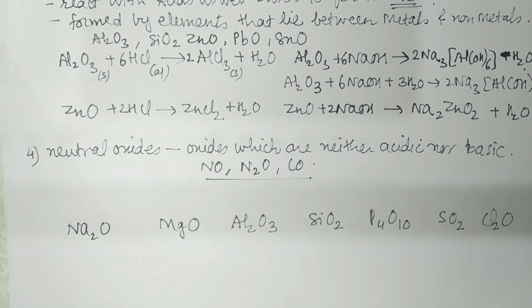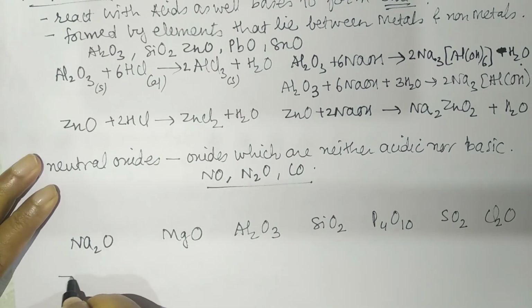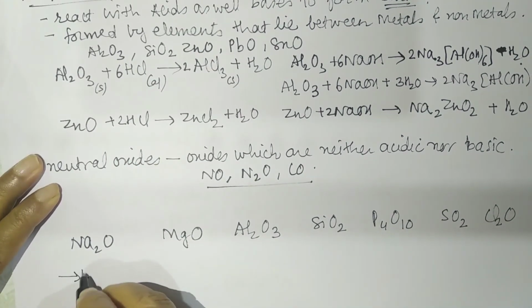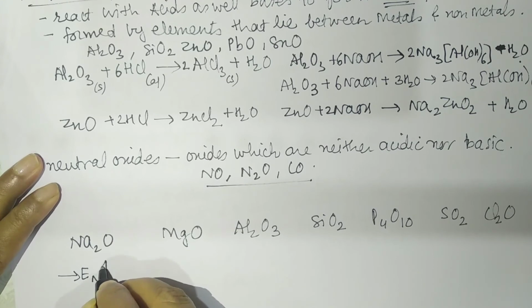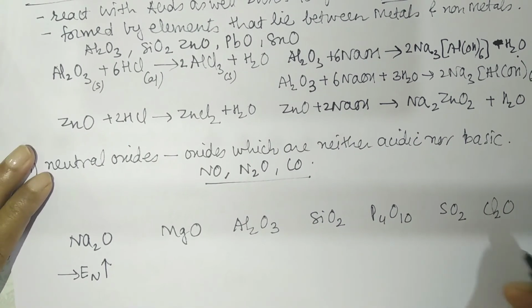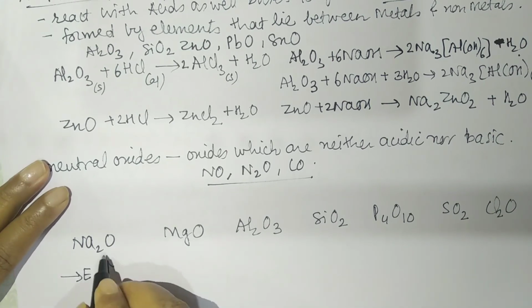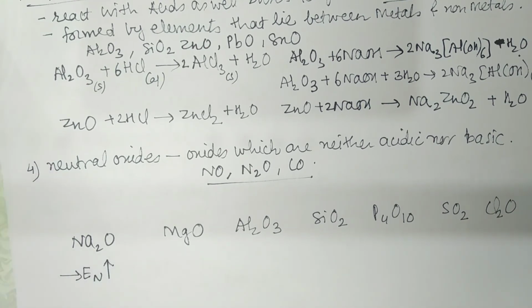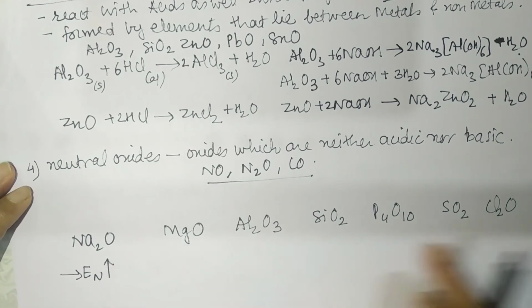Now, students, as I move from this end to that end, the electronegativity goes on increasing. As the electronegativity increases, the oxides on this side become more and more acidic. So the acidic character goes on increasing on this side.